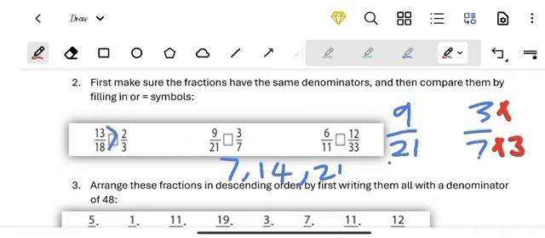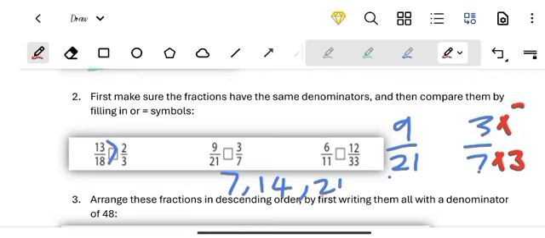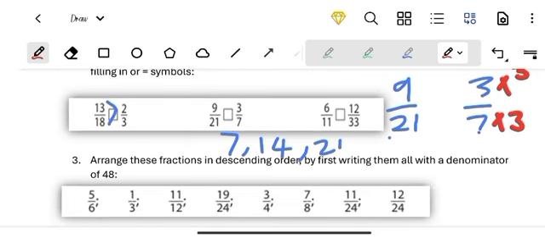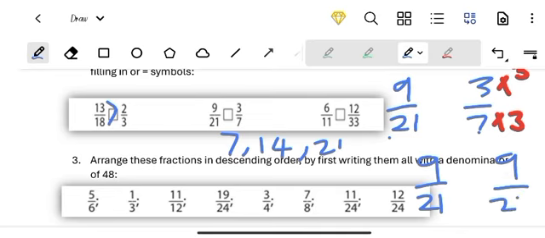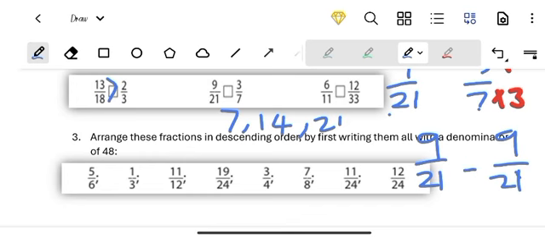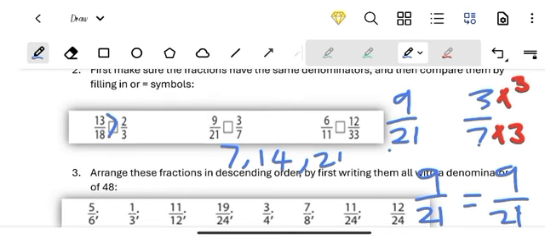We also multiply the 3 up here by 3, so 3 times 3 gives us 9 over 21. It means that these two are equal to each other, so the sign here is going to be equal to.